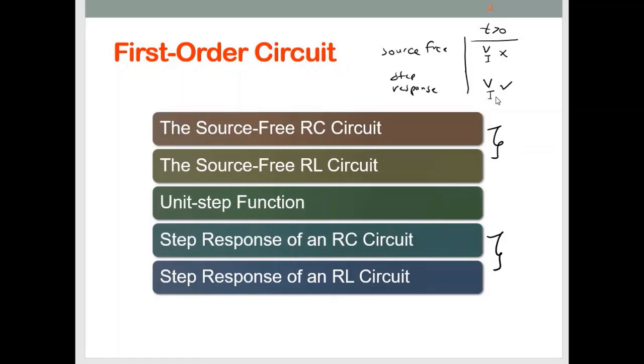Source free, the voltage and current source cannot exist. That's why it is called source free. Whereas in step response, voltage and current source can exist when t is more than or equal to 0.